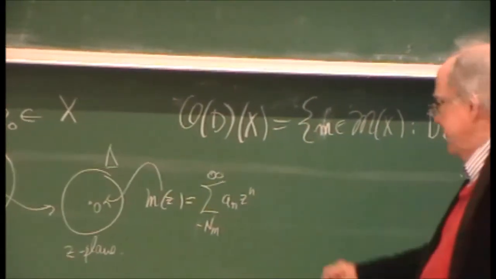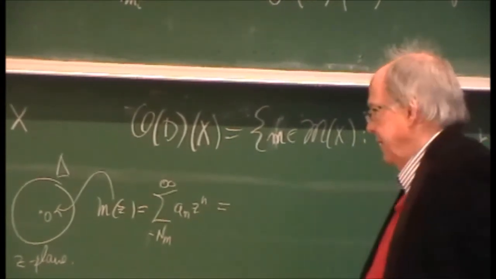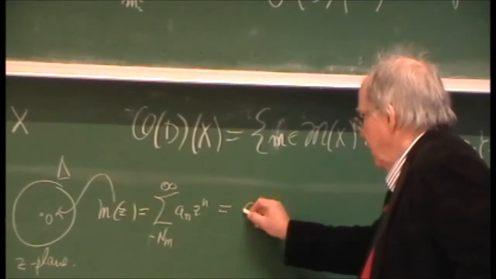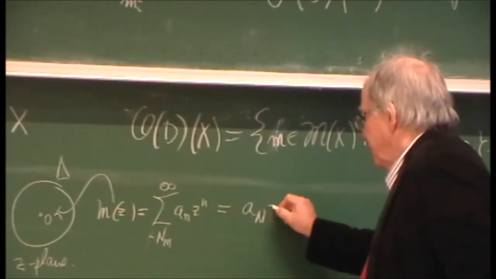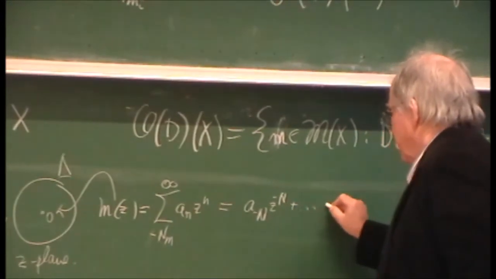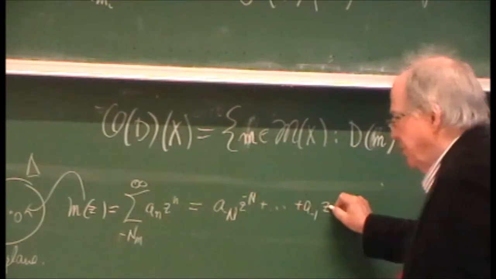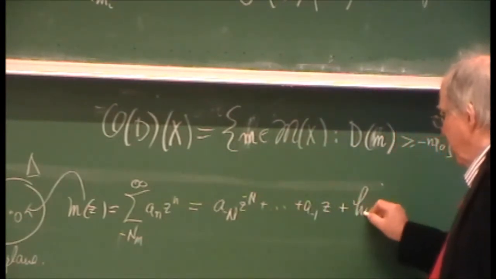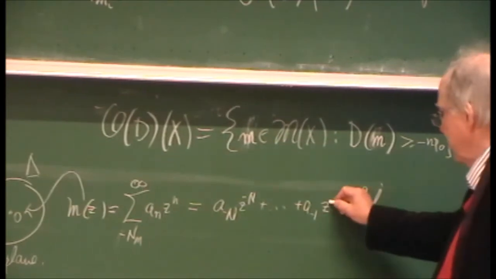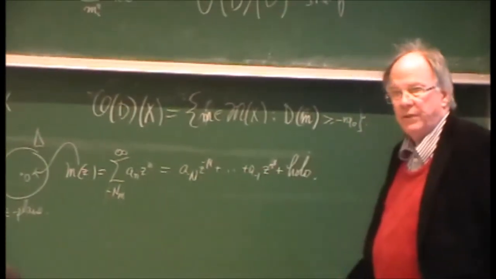And this is equal, in the lingo of complex analysis, to the principal part, which is the negative stuff, a_{-n} z to the minus n, all the way up to the place where you get a residue, a_{-1}/z, plus holomorphic stuff. Okay? That's what it is.